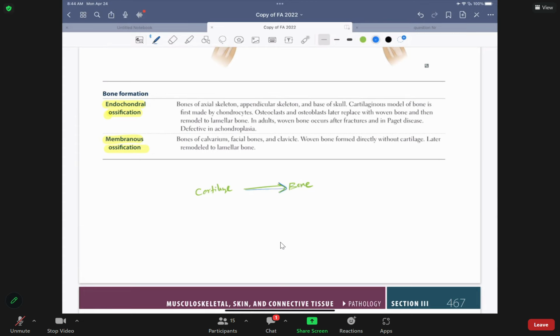Is that clear, folks? That is called endochondral ossification. If I tell you endochondral ossification, these were cartilage first, and then eventually osteoblasts and osteoclasts come and replace it with bone.